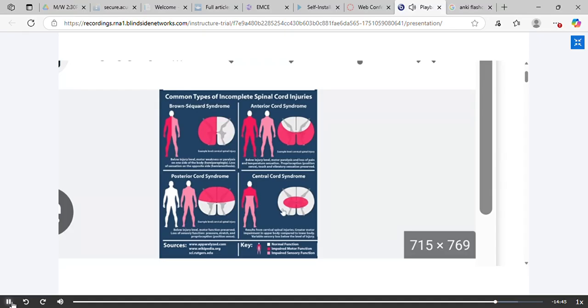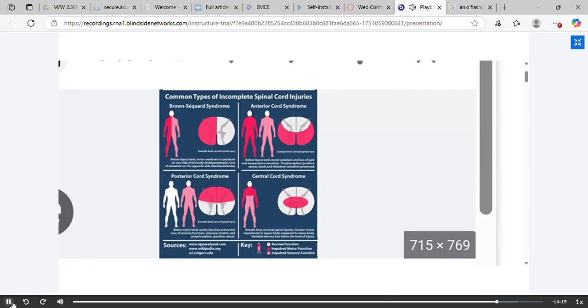Central cord, this is odd. Central cord syndrome is actually the most common form of the incomplete spinal cord injury. And I'm sorry, it's not caused by flexion. It's mostly by extension.